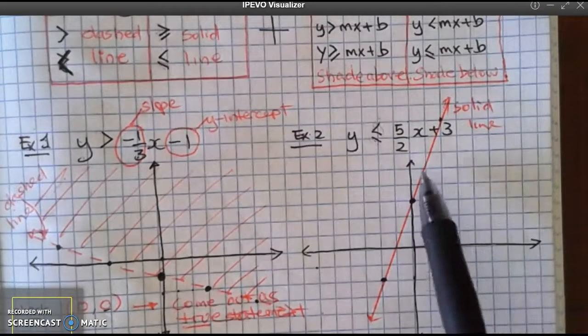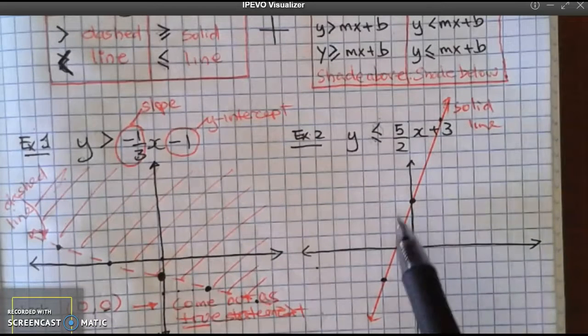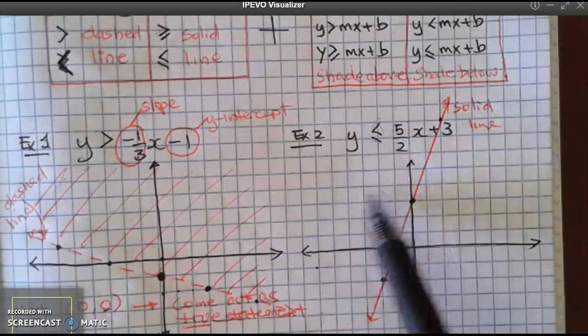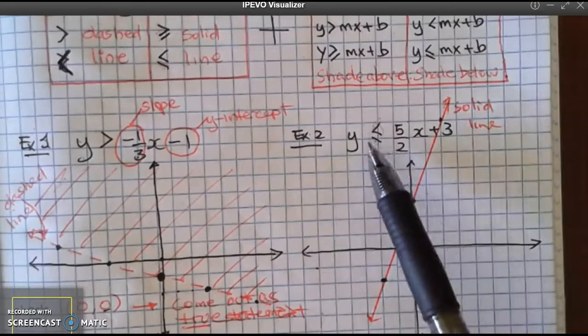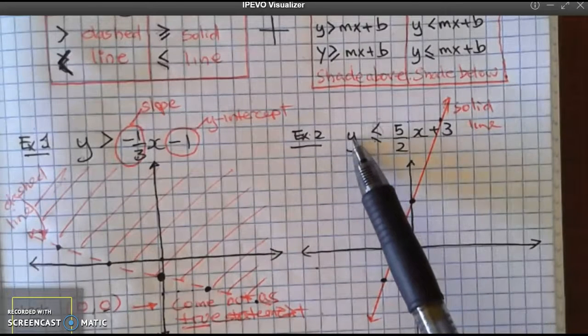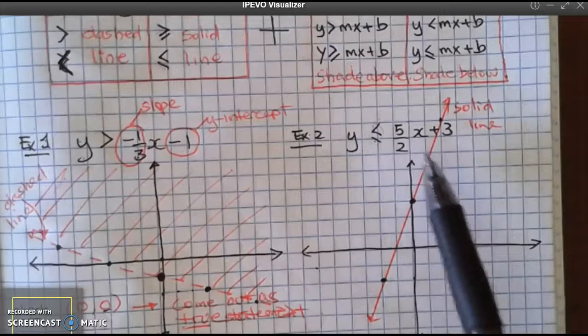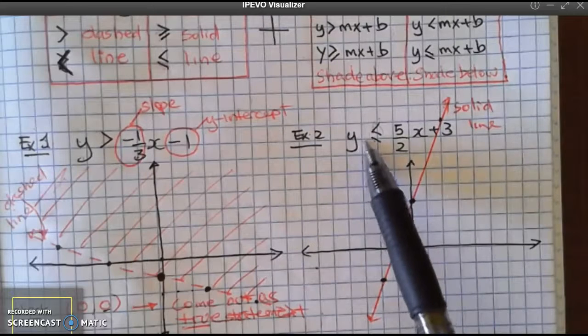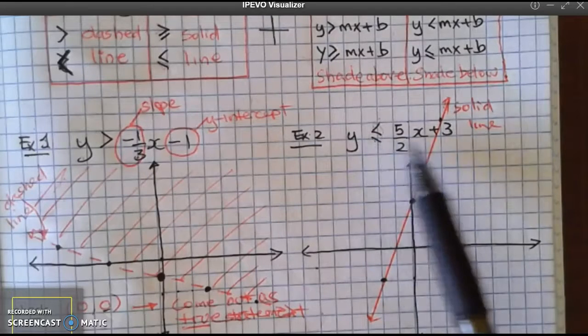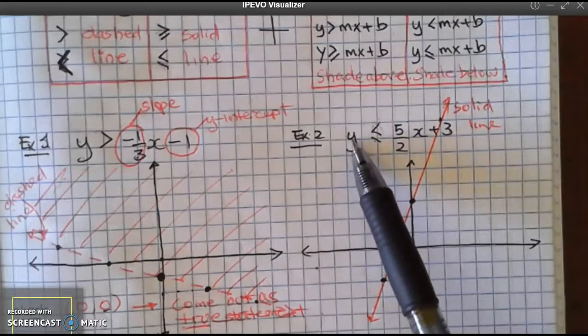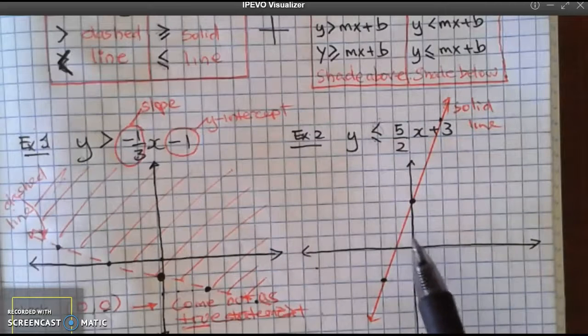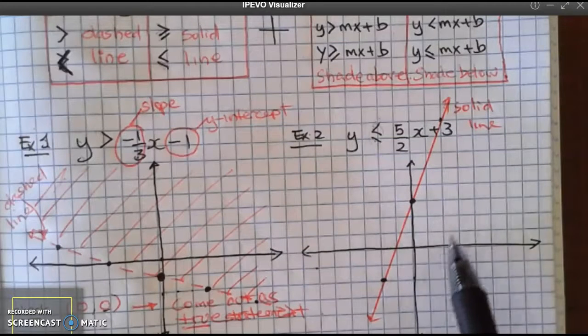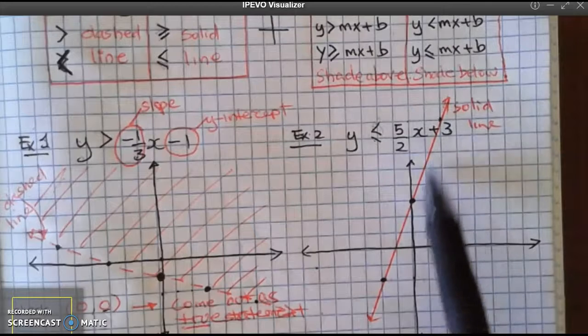Then now we need to think about which side of the line we are going to shade. Are we going to shade below the line, or are we going to shade above the line? If I look at the inequality, let's use logic: y value, that's the vertical value, is less than or equal to the line. Less than or equal to means it's smaller. We're looking for a region that is smaller in vertical values. So smaller than the line.